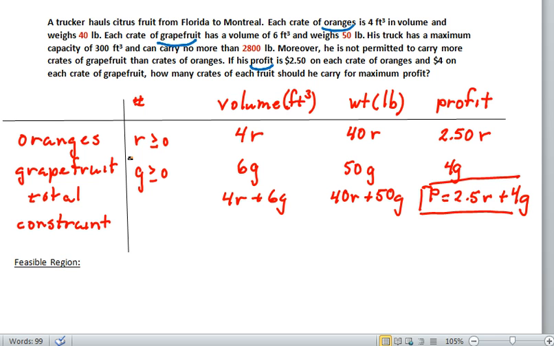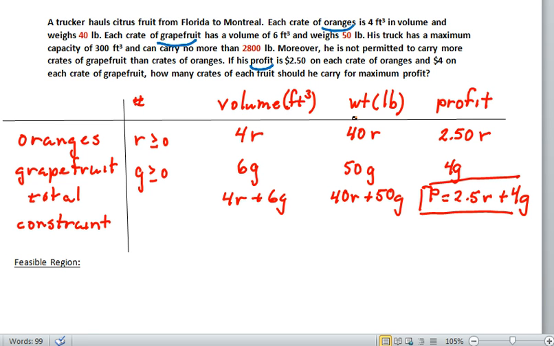Since the volume of an orange crate is 4 feet cubed per crate, then for R crates we'd have 4R feet cubed. Similarly, we'd have 40R pounds and $2.50 times R profit contributed by the R crates of oranges.